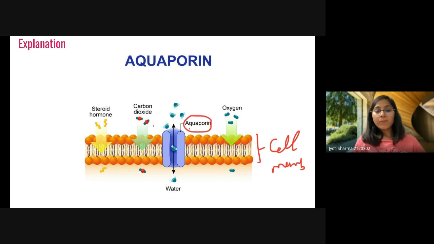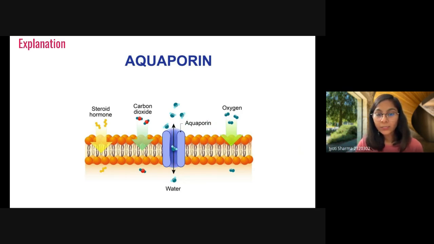These aquaporins will allow some molecules to get in and get out from the cell without the requirement of any energy. That's why this aquaporin will facilitate the import and export, but without utilizing any energy. So this is part of the passive transport mechanism, right?